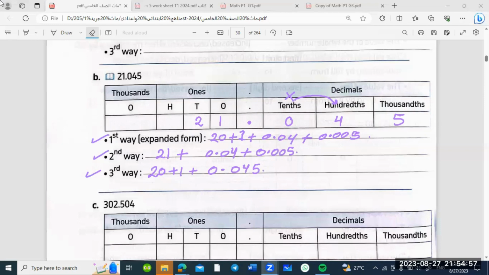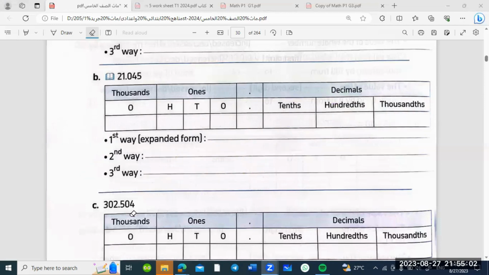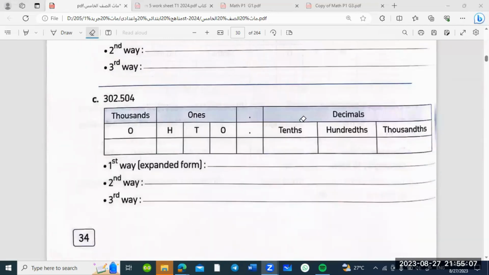Okay. Can I answer the next one also? Do you want to explain and answer it by yourself also? Yes. Okay, Jana. 302.504. That is 3 in hundreds, 0 in tens, 2 in ones. With the point, 5 in tenths, 0 in hundredths, and 4 in thousandths.